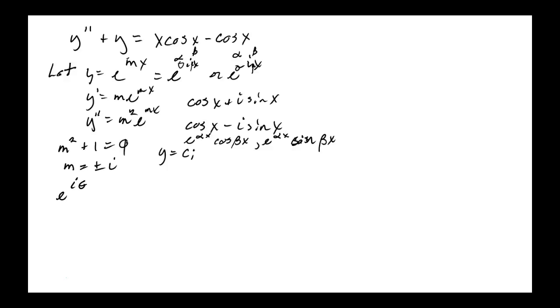So now you're using this as your general solution, that C1 e to the alpha x, well, your alpha is 0, so that's just going to be 1. And your beta is 1, so that's going to be C1 cosine x plus C2 sine x.